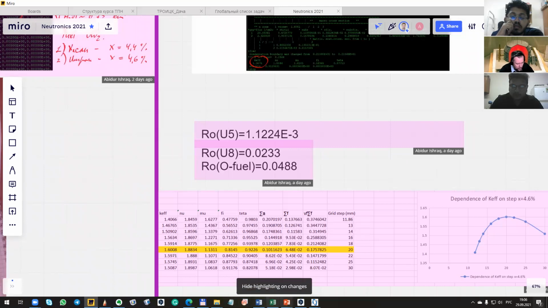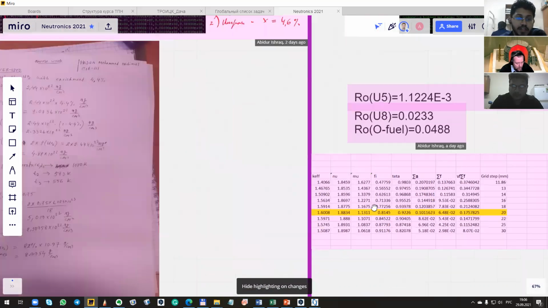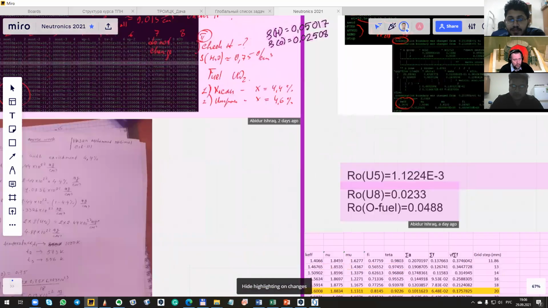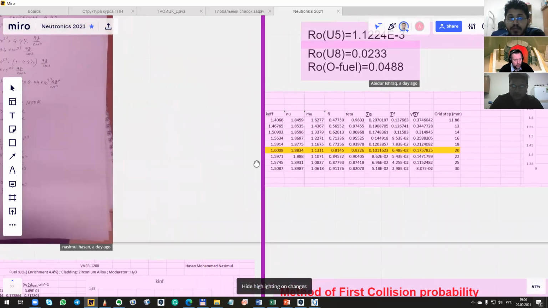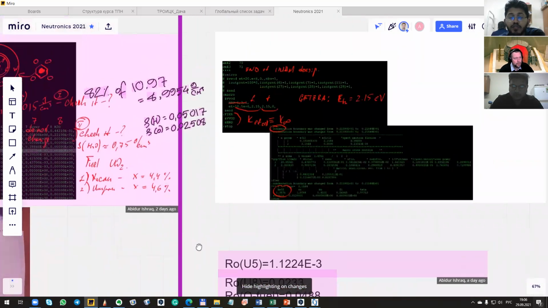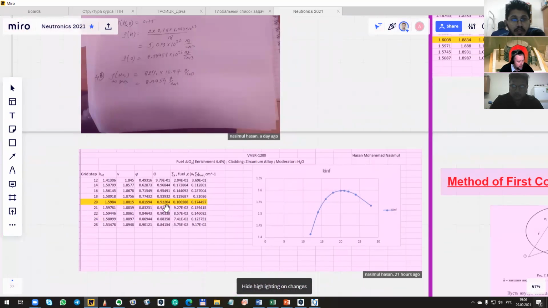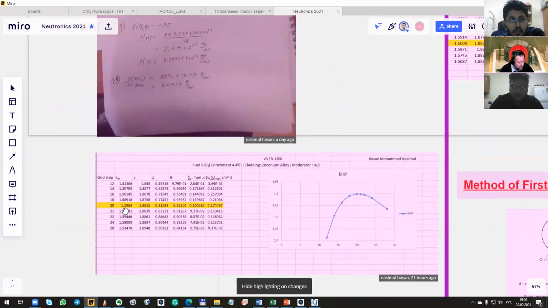Oh yeah, 1.6. It's for 4.6% enrichment. What is our enrichment? Mine is 4.6. 1.59 K-infinity. So okay, please send me.